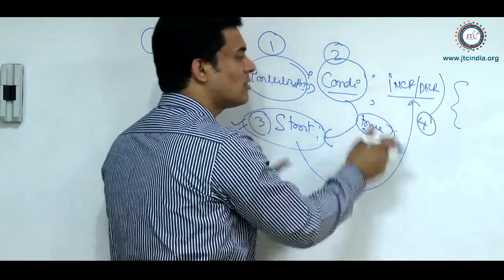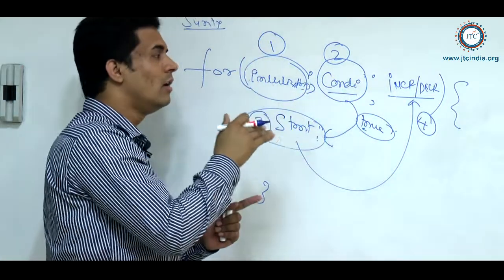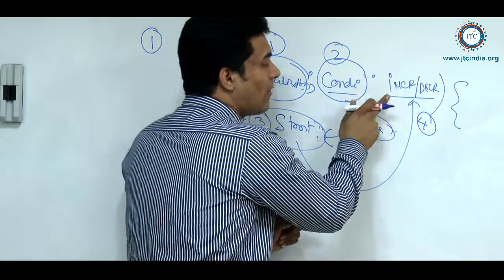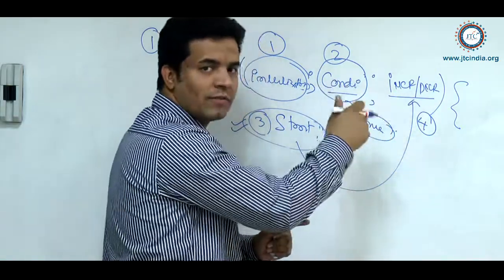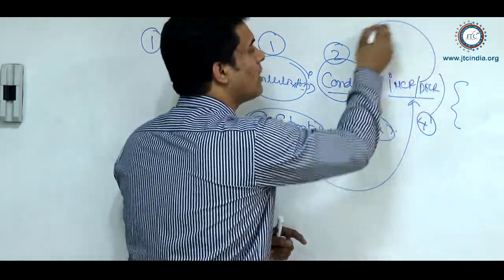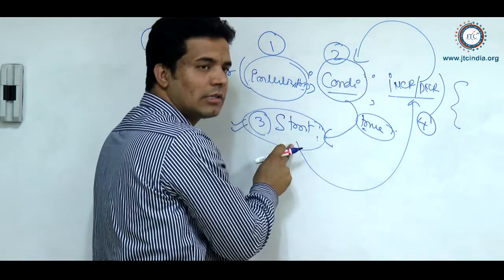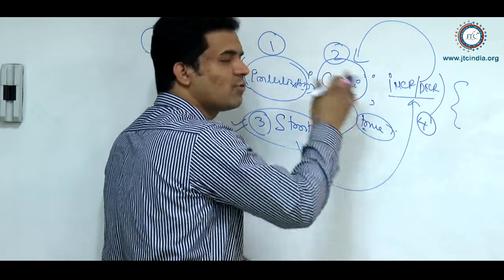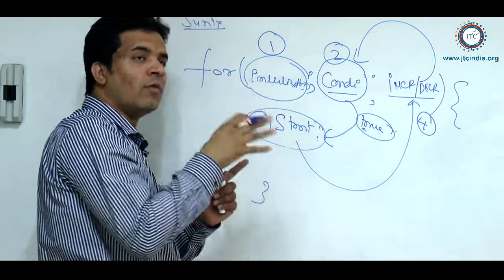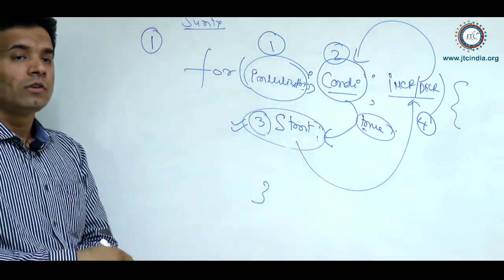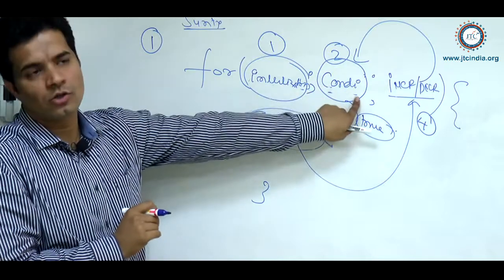Now this process is going to repeat. After incrementing or decrementing as you have specified, the condition will be evaluated again. After evaluating the condition, the statement will be processed if it is satisfied, and this process keeps continuing. Till what time? Till the condition returns true.